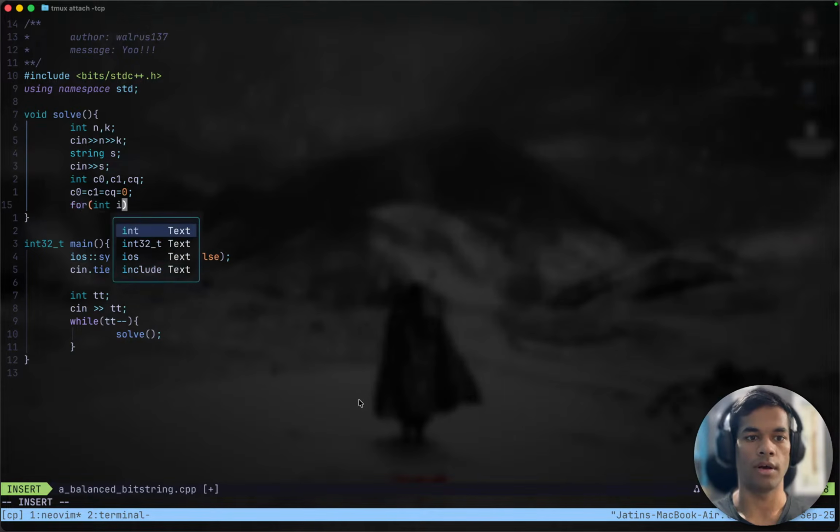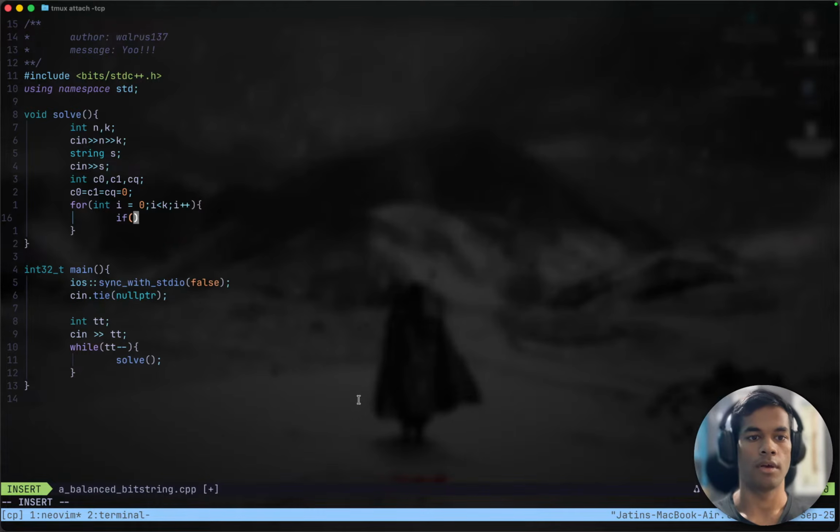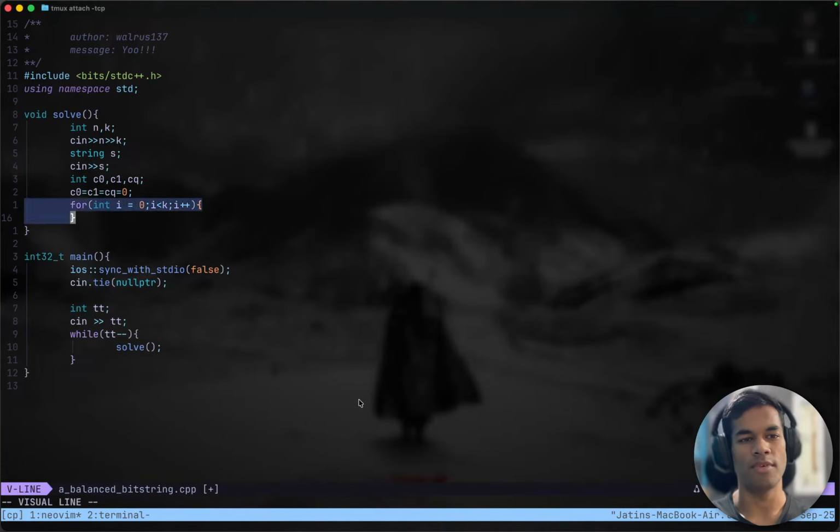And for int i equals 0, i less than k, i plus plus, if s[i] equals 0, then c0. I am very stupid.